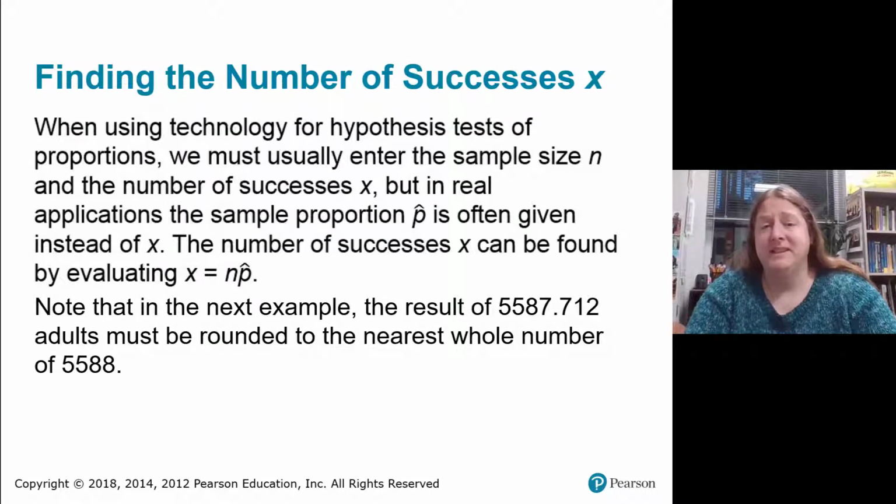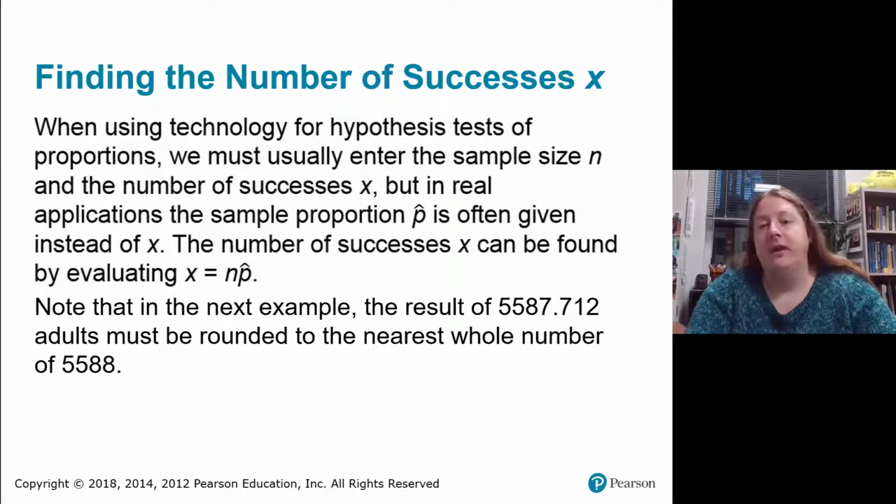Finding our number of successes. When we're using technology for hypothesis tests of proportions, we must usually have the sample size and the number of successes, but in real applications, the sample proportion is often given instead of x. So a lot of times in real life, somebody will tell you that, hey, 54% of people said no to drone deliveries, right?